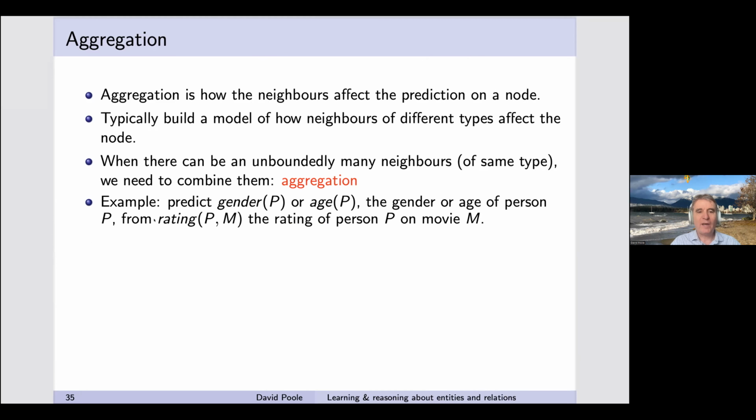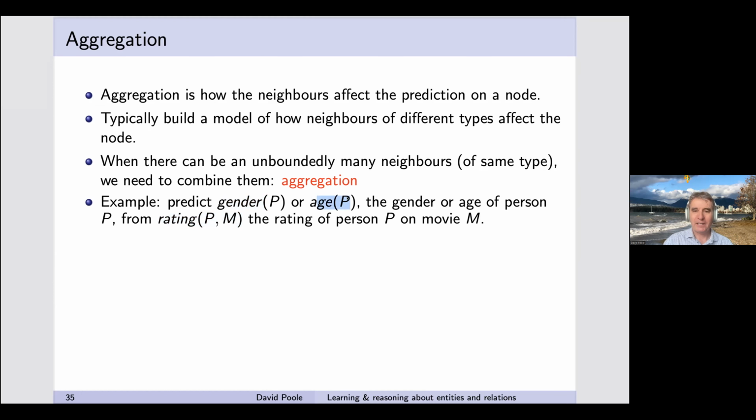Suppose you have a ratings database, just like we had for MovieLens. And what we'd like to do now is an interesting problem. We'd like to predict the gender or the age of the person from their ratings. One year I gave a grad course where this was in the first assignment, and the whole term we tried to think of different ways of solving this problem, none of which worked.